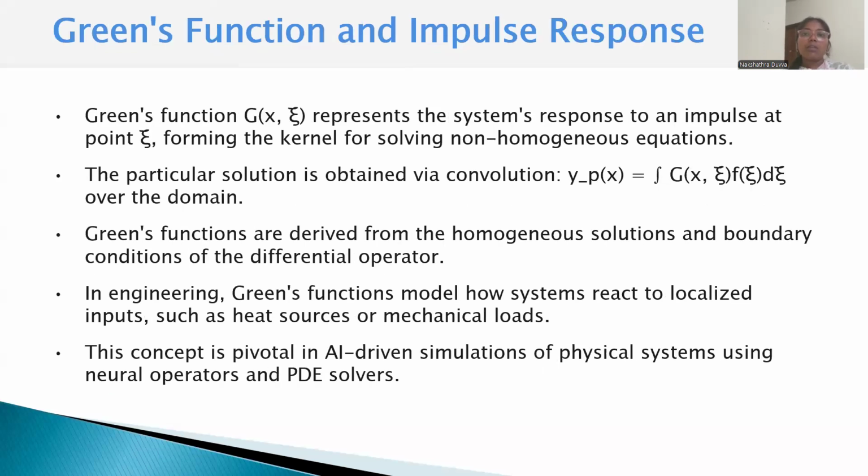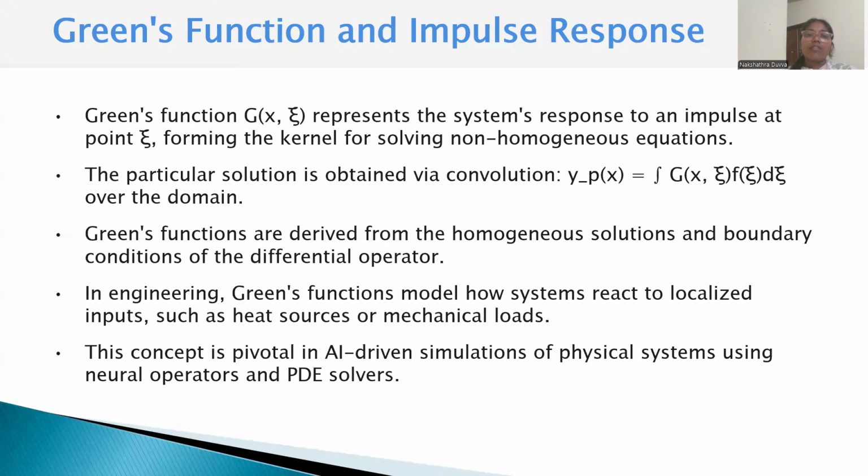Green's function and impulse response. Green's function g of x and xi represents the system's response to an impulse at point xi, forming the kernel for solving non-homogeneous equations. The particular solution is obtained via convolution: y_p of x equals the integral of g of x and xi, f of xi, d xi over the domain.